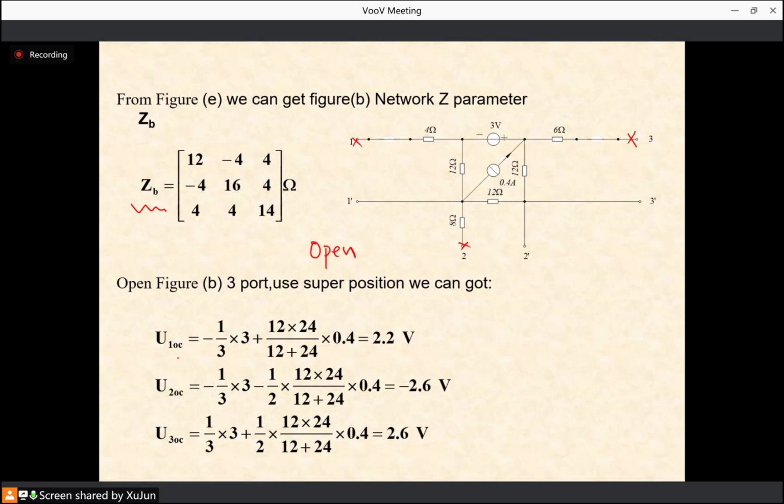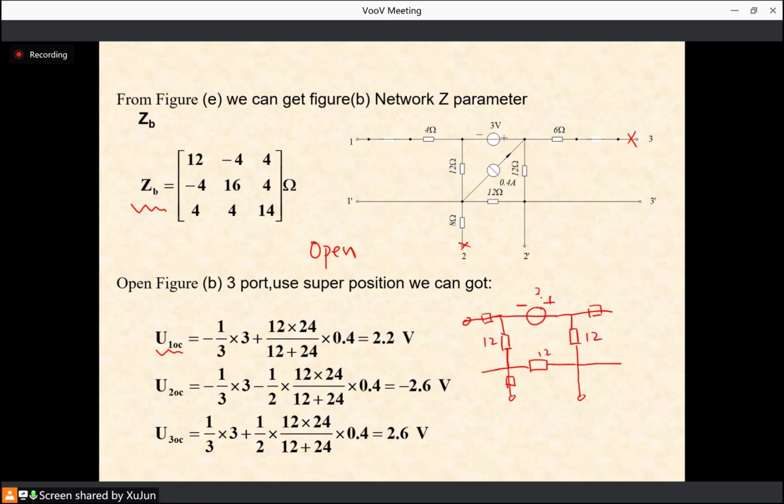For this network, when we calculate the U1OC, we assume the two sources inside work alone. So the voltage source works first. This is 12. There's a resistor here, but no usage.